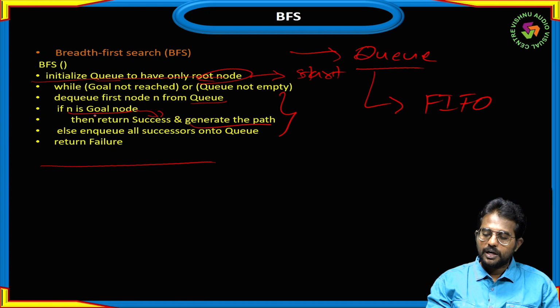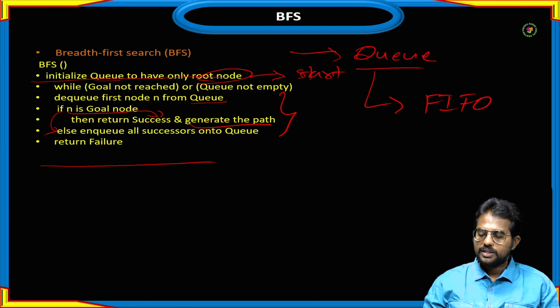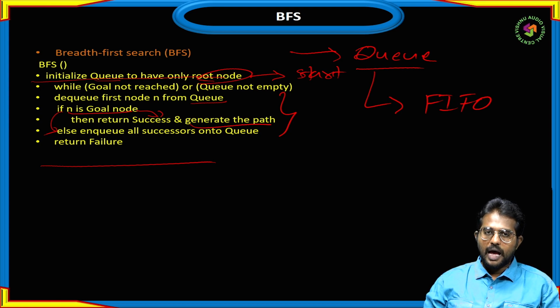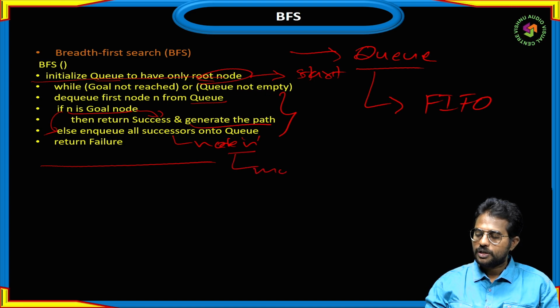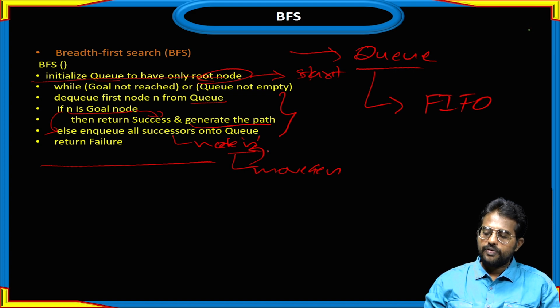Or if n is a goal node is not true, that is false, then I will add all the successors of node n onto the queue. So I will apply the moveGen function on this node n, and enqueue all the successor nodes into the queue.